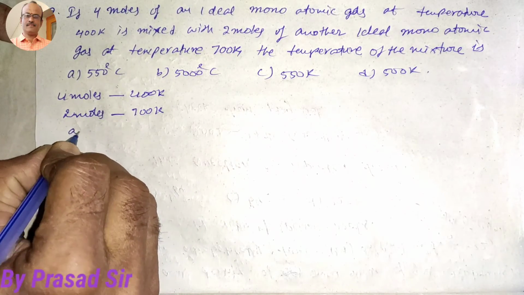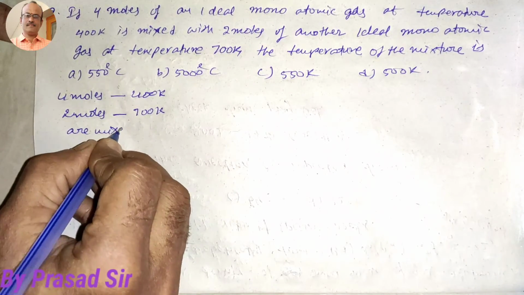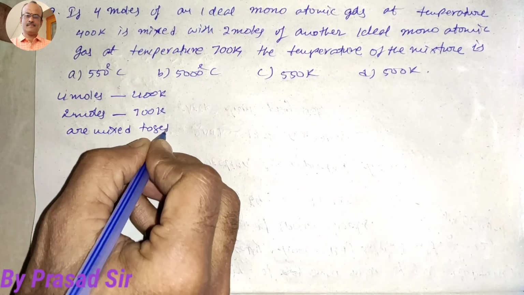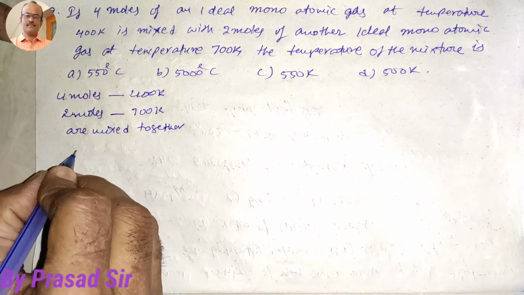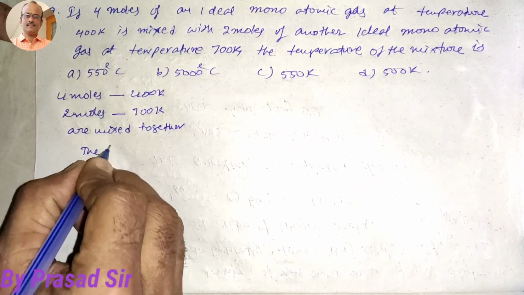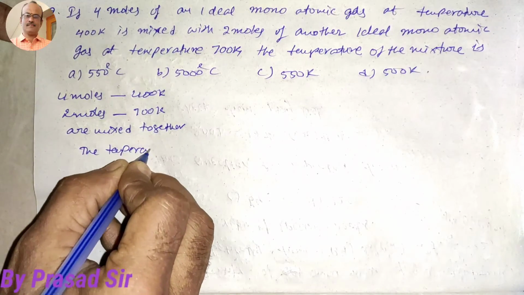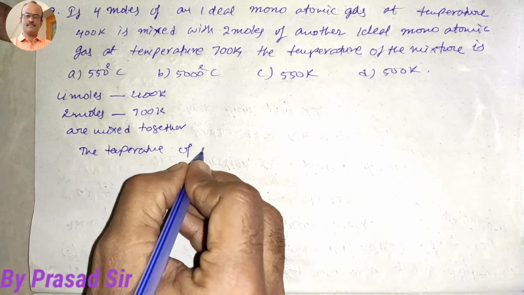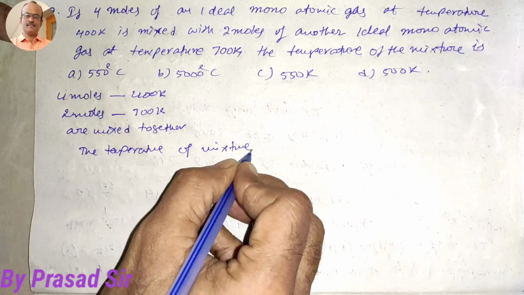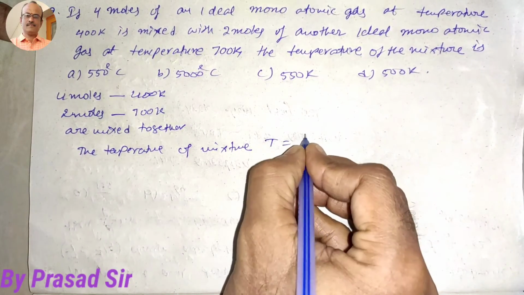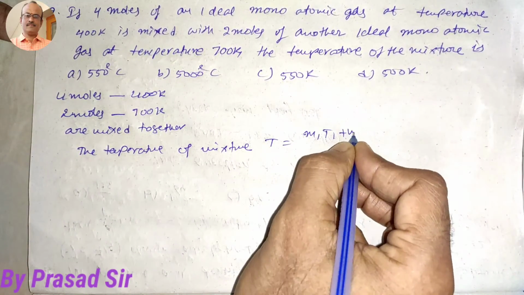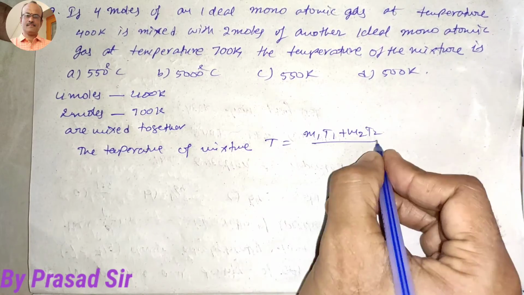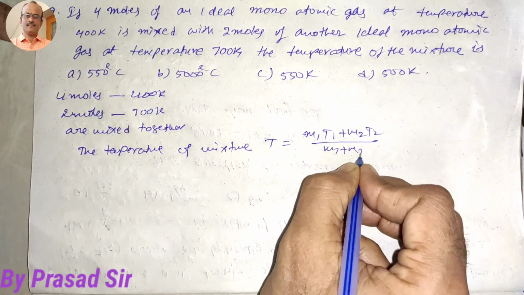That means they are mixed together. So here which one we want to calculate? The temperature of mixture, that is T is equal to M1 T1 plus M2 T2 divided by M1 plus M2.